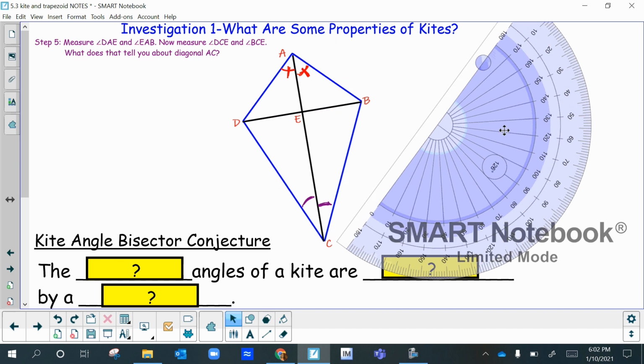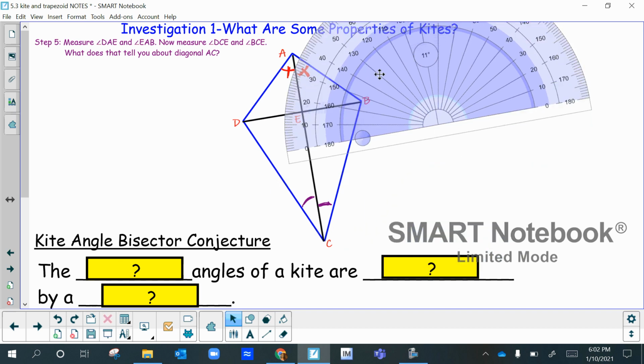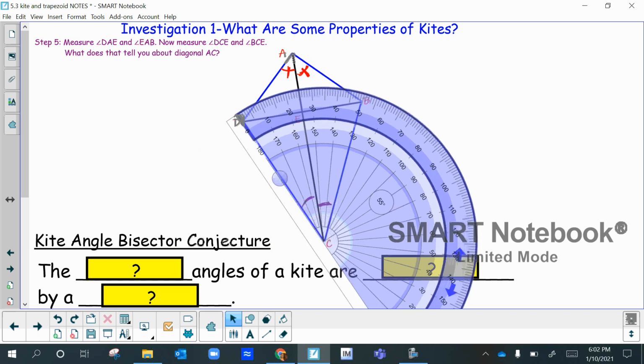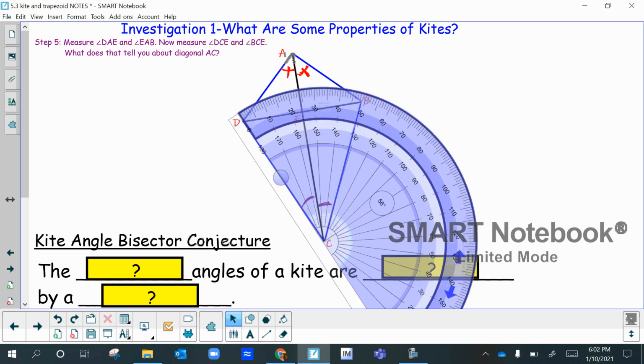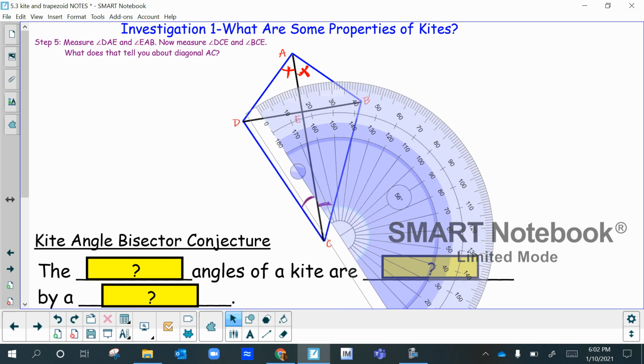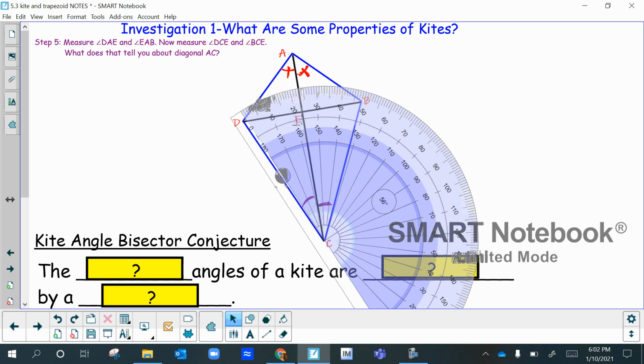Same thing goes down here. If I line up my protractor right here, looks like each one is about 25 degrees or so, pretty close. I don't have it actually lined up perfectly.